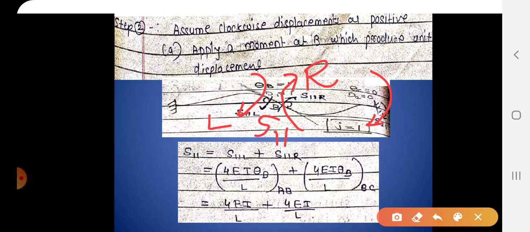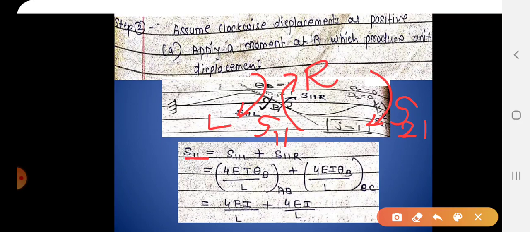And what about the stiffness element at C? Here J is 1, and I is 2, because C is the point of the second redundant, theta C. Therefore we have S11 and S21.